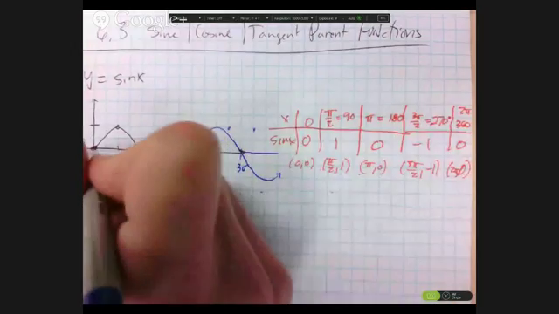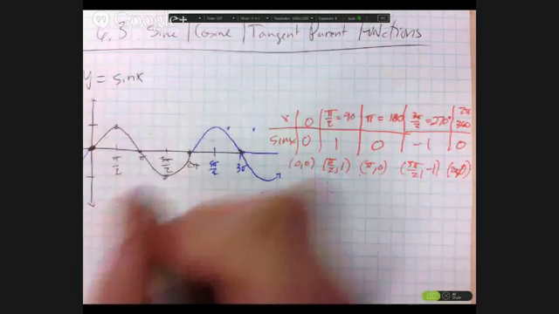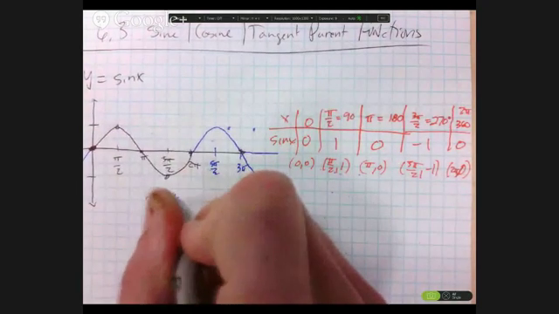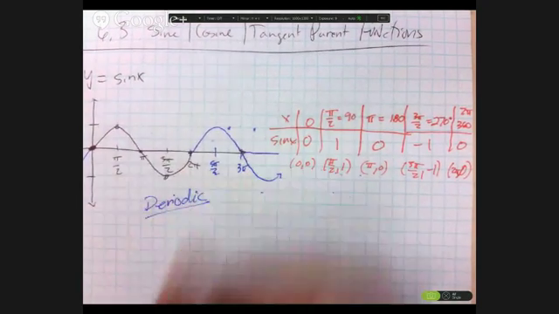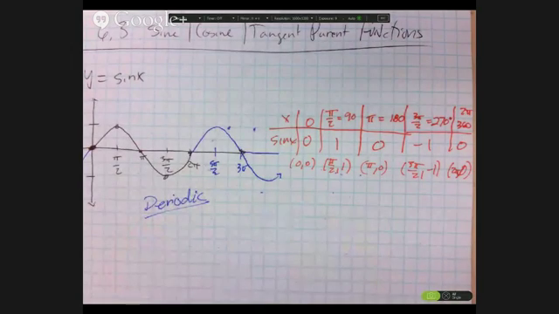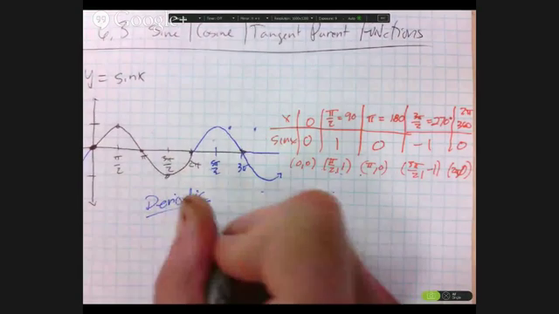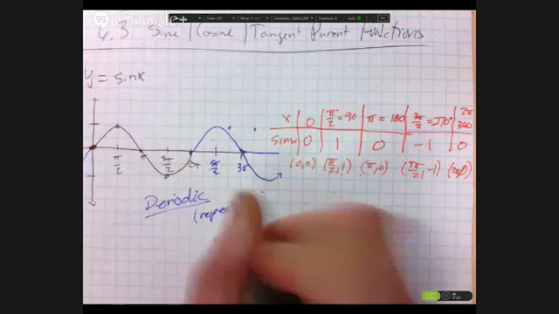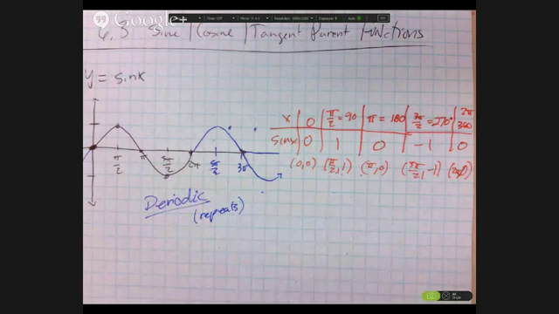And if you went backwards, it would do this again, okay? It's what we call periodic. It repeats, okay? So what's the value of sine of 5 pi over 2? 1. Yeah, look at the graph, it's 1.